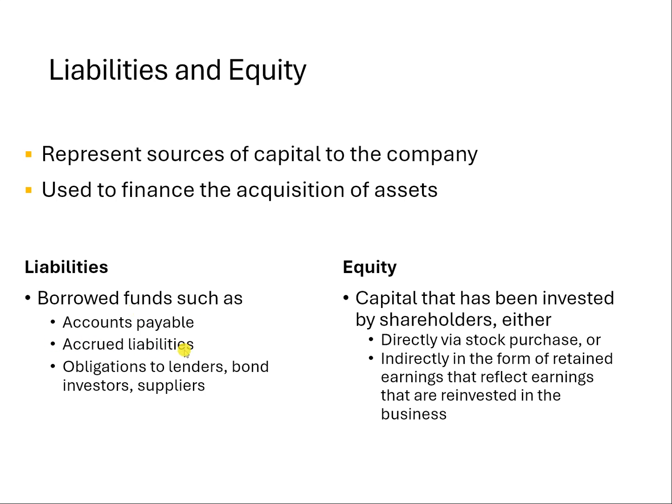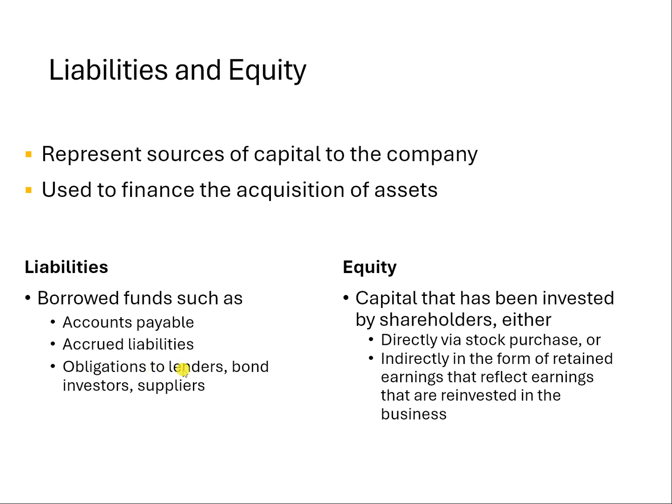We have accrued liabilities. Those are the expenses that should have been recorded but have not been paid. Like if we borrow money, we haven't paid any interest, but that interest should be recorded. And because of that, we have an accrued interest payable liability.